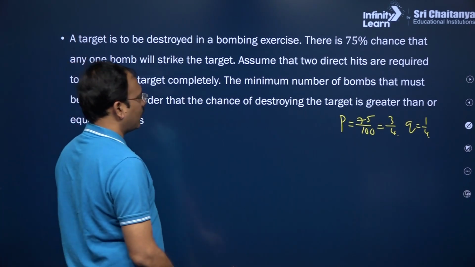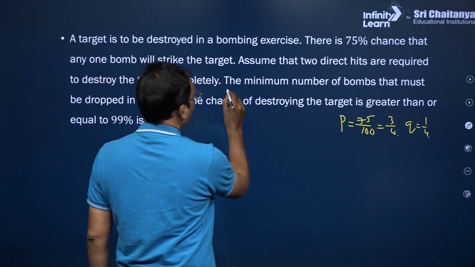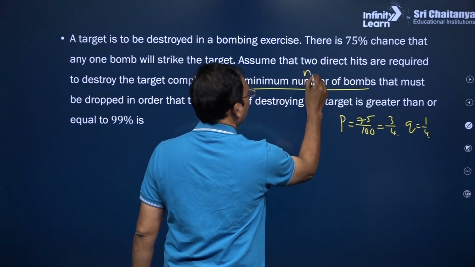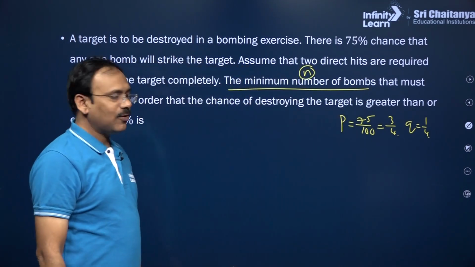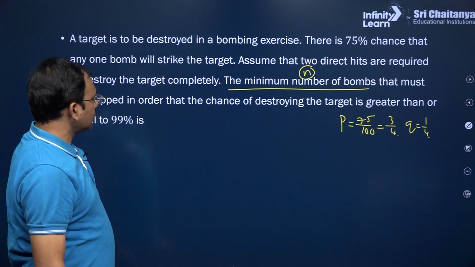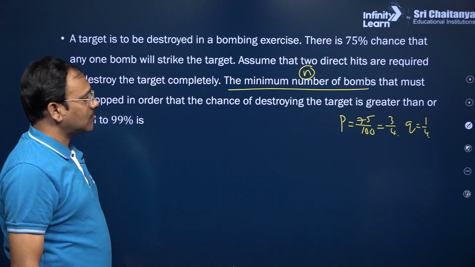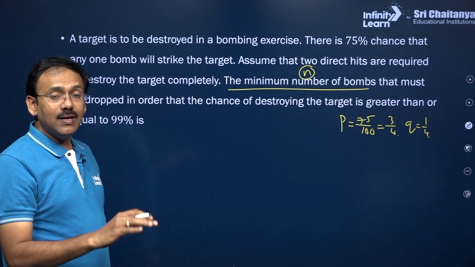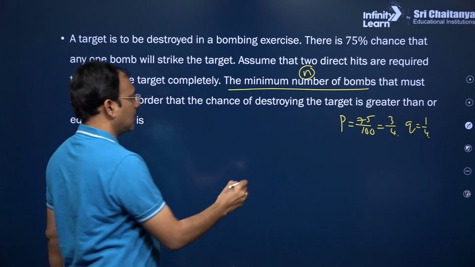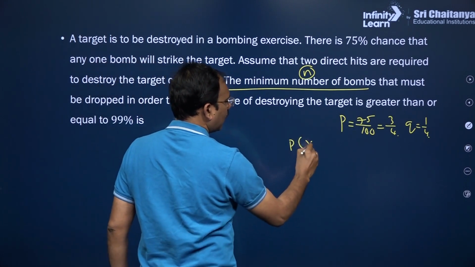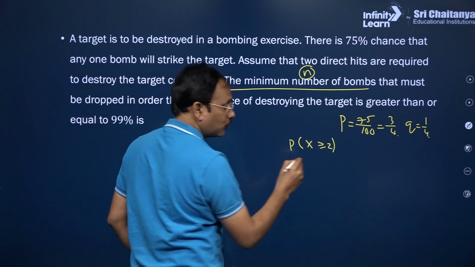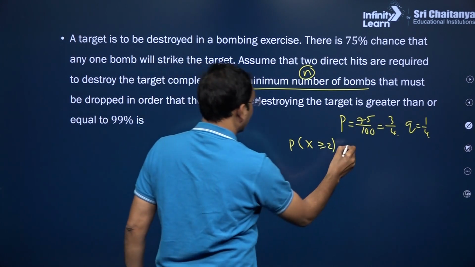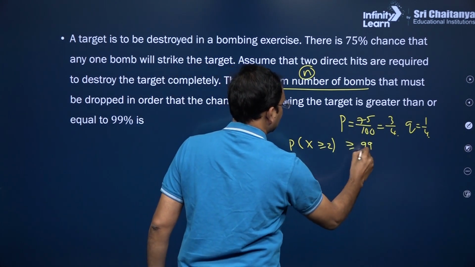That means, my dear friends, suppose the number of bombs required is n. Now, the chance of destroying the target, that means suppose n bombs are given, I need minimum 2 successes. That means probability of x greater than or equal to 2 must be greater than or equal to 99%, my dear friend.